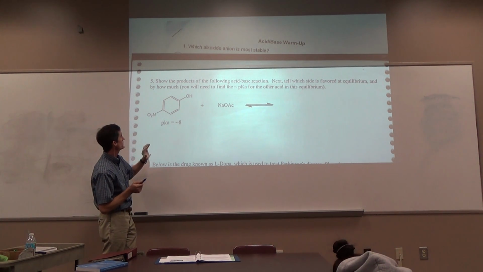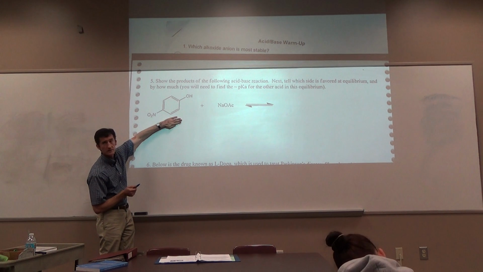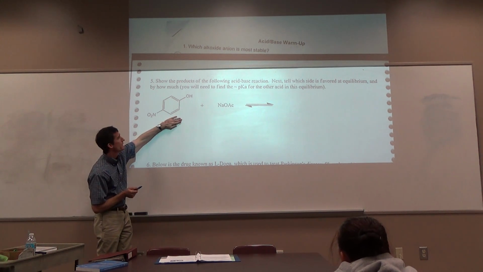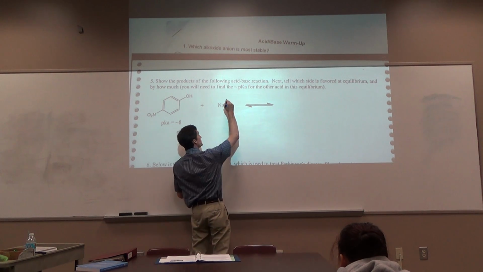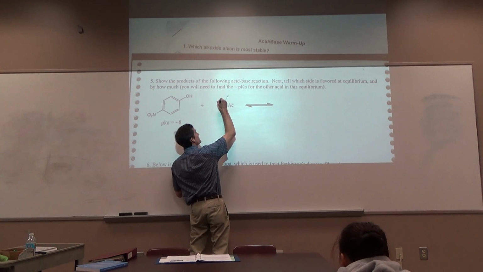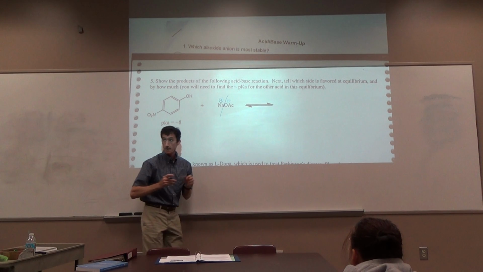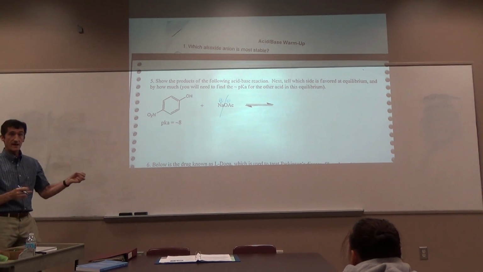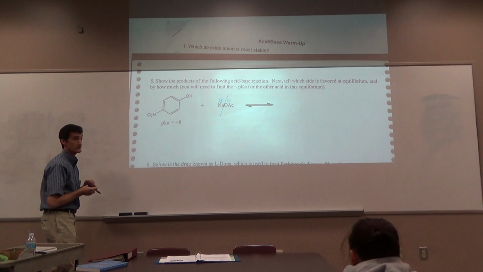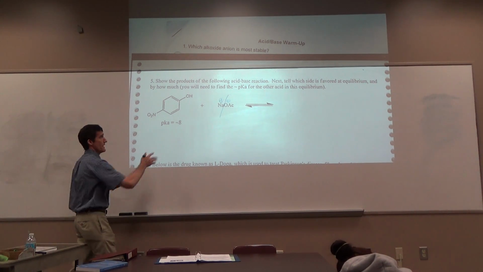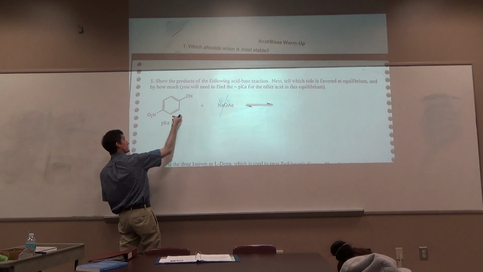That sort of maybe gives you a hint, but even if it's not there, I still expect you to know which one's the acid. Well, sodium acetate. First of all, this is organic chemistry. This is an ion. That's a plus and that's a minus. And anions are typically bases. We said that, right? Now, there are exceptions. They may not be strong bases. That's going to be your base. So this is the acid.